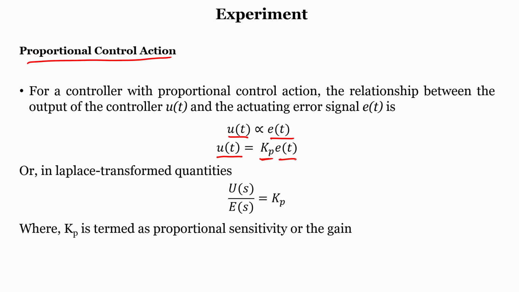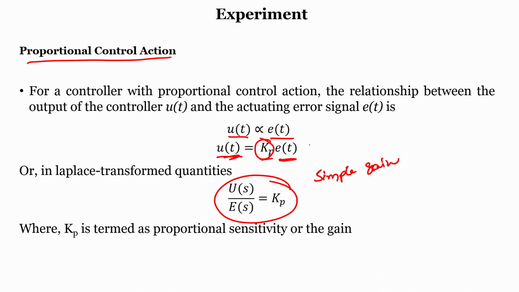When we convert this into the Laplace transform, it looks like the gain of the system. So, a proportional controller is nothing but a simple gain. Depending upon the error, the output will change proportionally. How much it changes, the scaling factor, depends entirely on the K p parameter, which is the tuning parameter in this case.